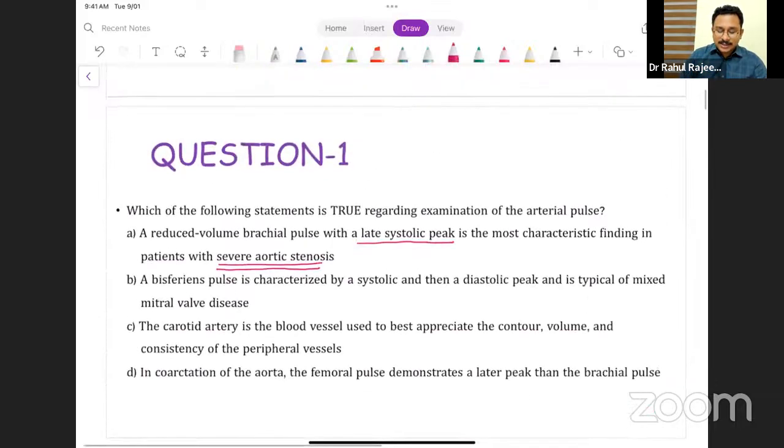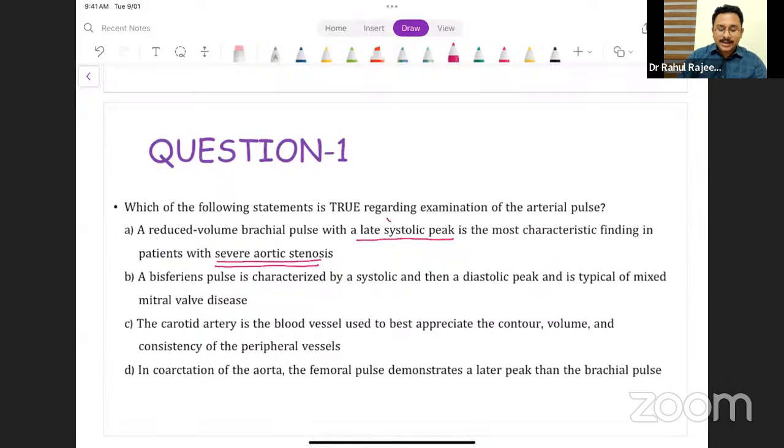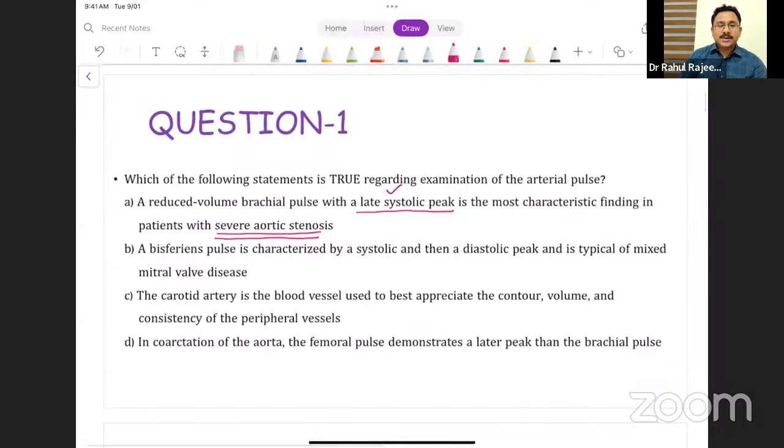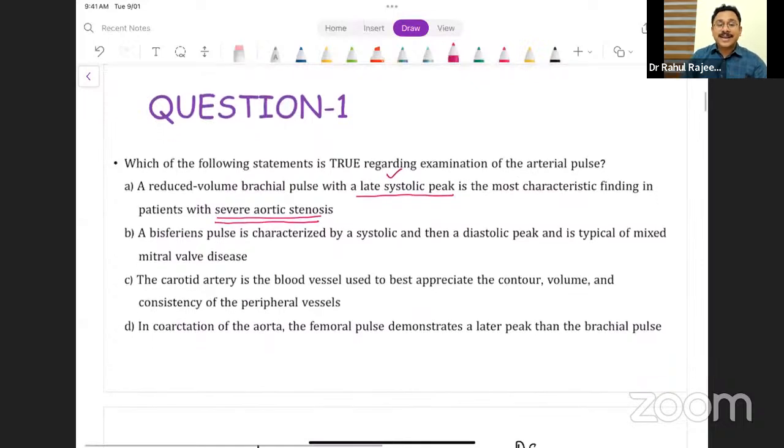So yes, in severe aortic stenosis, you can get a late systolic peak. But again, the issue here is the character abnormality is best appreciated in the carotids and not the brachial pulse. So since the first option is mentioning the brachial pulse, I cannot choose it to be the true statement.